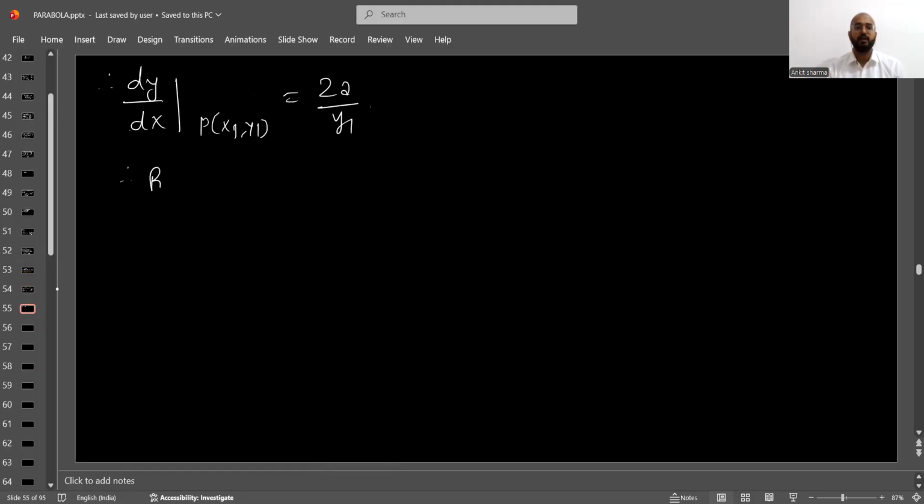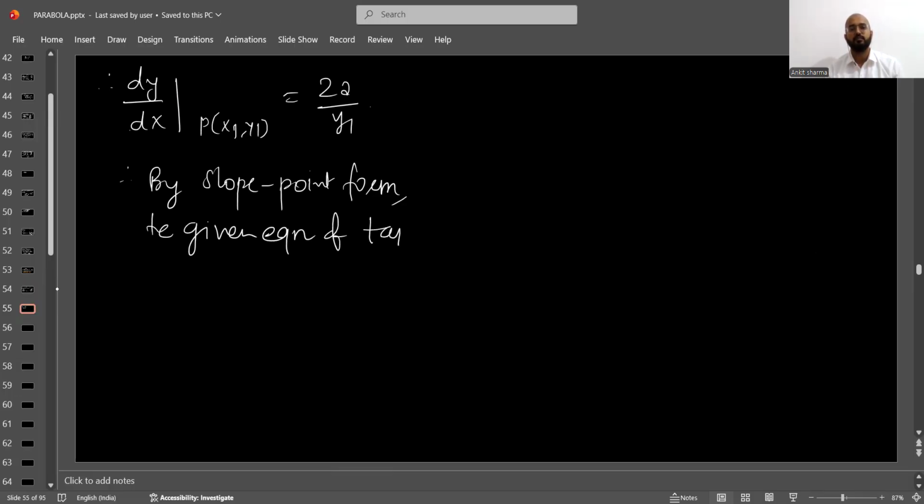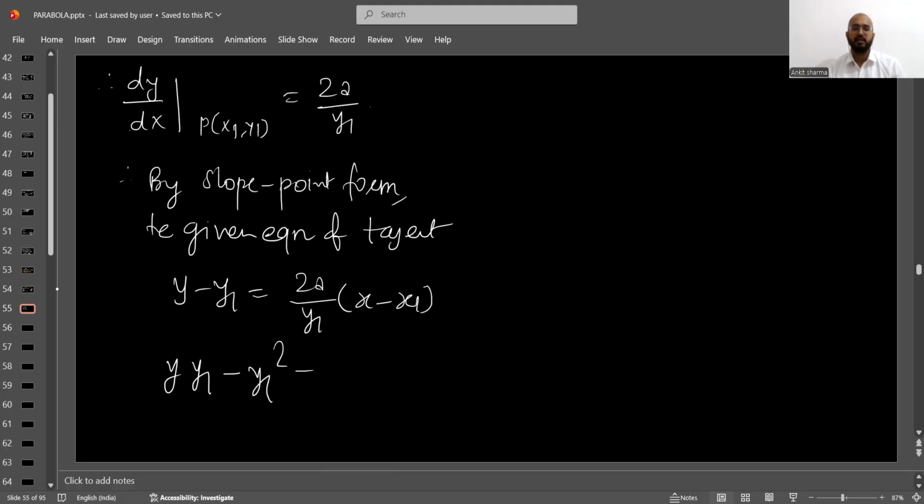So by slope point form, the equation of tangent would be y minus y1 is equal to slope 2a over y1 into x minus x1. Now I can multiply it here, so I'll have y y1 minus y1 square is equal to 2ax minus 2ax1.